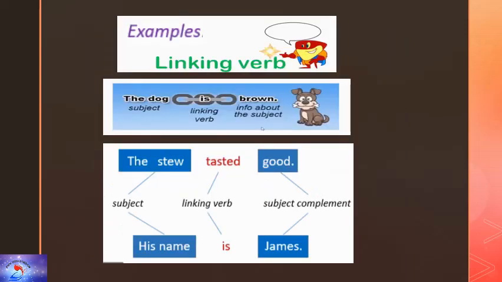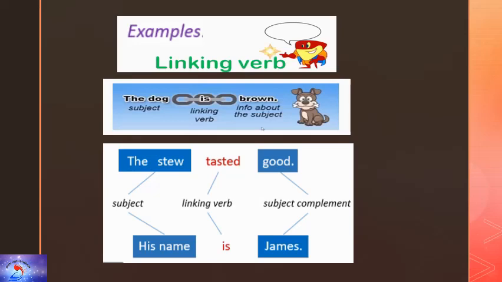So let us see an example. The dog is brown. The dog is the subject, brown is the information about the subject, and is is the linking verb between the subject and the information about the subject. The next example, the stew tasted good.